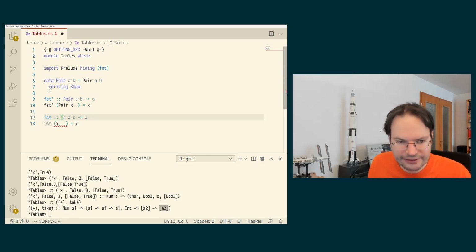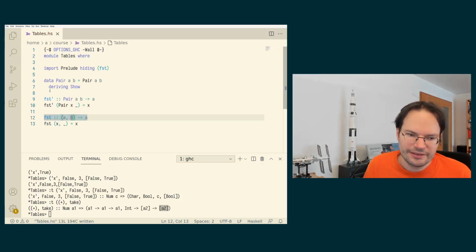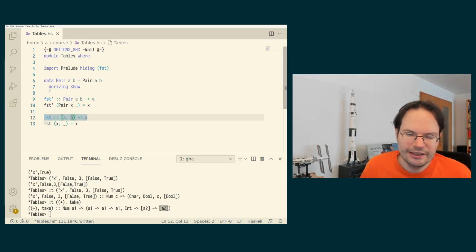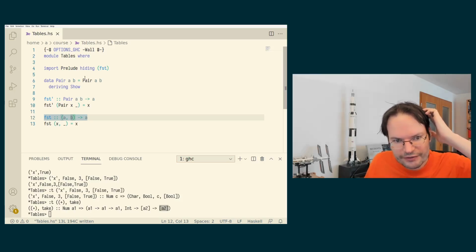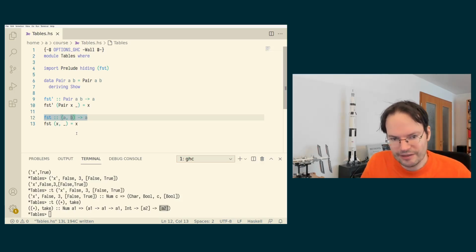And sorry, I should of course then also use the built-in pairs in the type signature, right? Even though these two data types are structurally the same, our pairs that we've defined here and the pairs that are built into the language, I cannot, of course, use the pair constructor that I have defined for the built-in pair type and vice versa. They're structurally the same, but they're still treated as completely different.